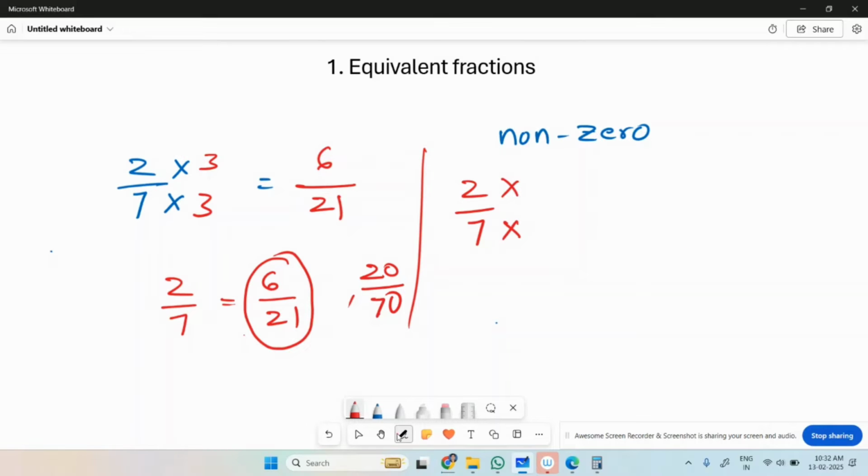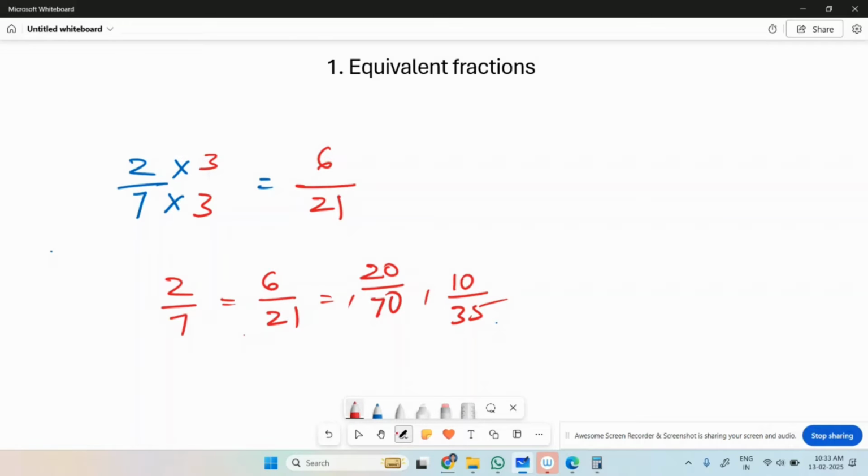We can multiply by any number. Let's multiply by 5. So, 2 times 5 is 10, 7 times 5 is 35. So, one more equivalent fraction is 10 upon 35. Here we found three equivalent fractions for 2 upon 7. Like this, we can find any number of equivalent fractions for a given fraction.